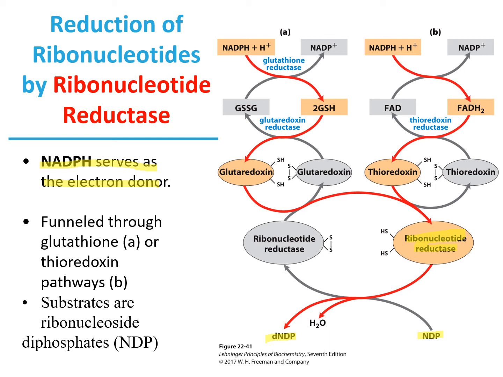So this is like a cascade of reactions that are involved. The main molecules to remember are NADPH, which is serving as the electron donor, and this will activate the enzyme ribonucleotide reductase, and this enzyme catalyzes this reduction reaction of converting the NDP to dNDP, and the substrates are always ribonucleoside diphosphates or the DP varieties for this reaction.